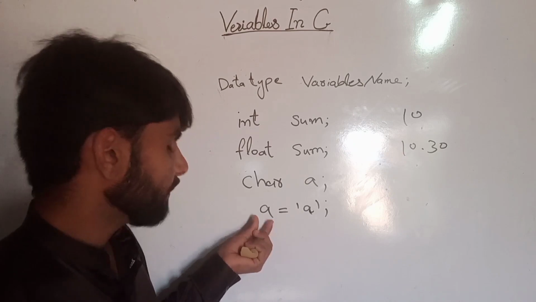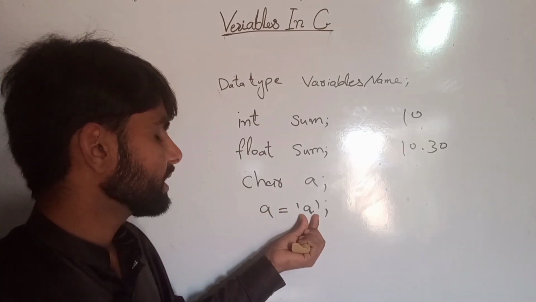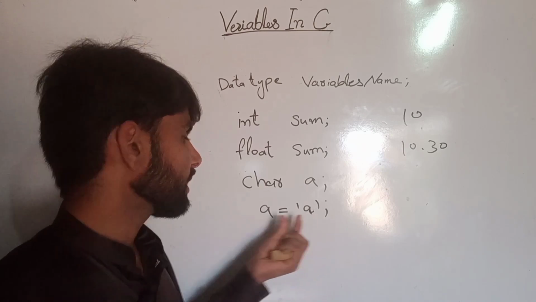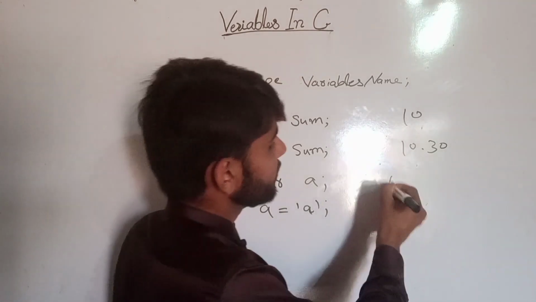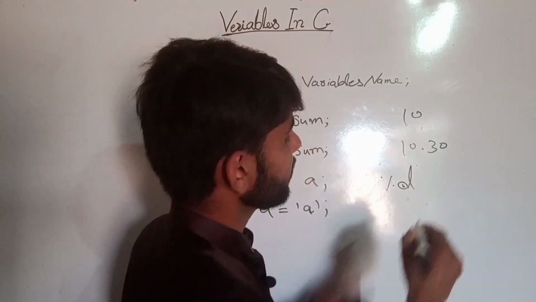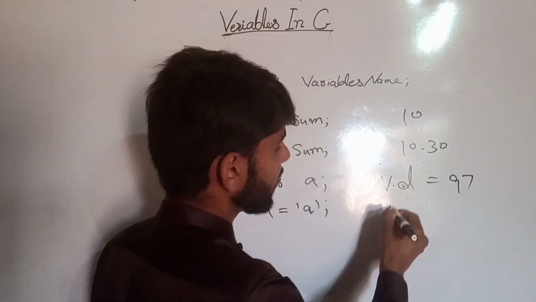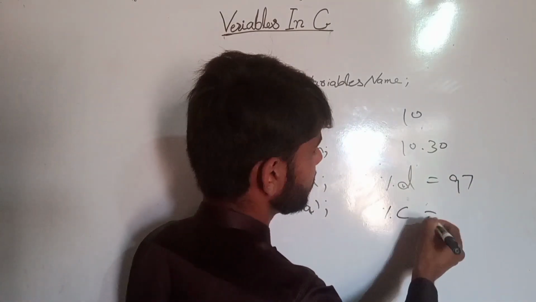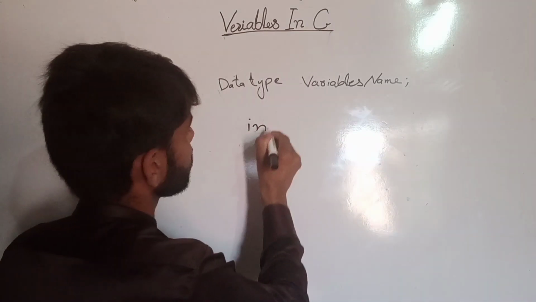So a character has been stored into this variable. This a and this a are not equal, because this is a character and this is the variable name. If we print this variable with the percentage d specifier, then the value 97 would be displayed on the screen. If we write percentage c, then a would be displayed on the screen.